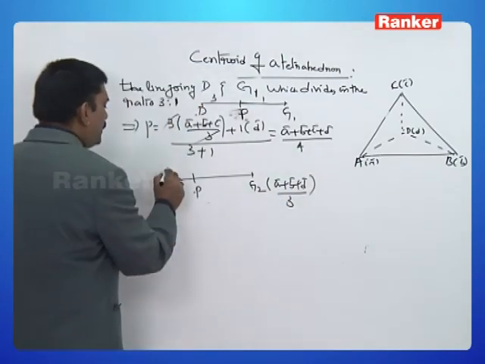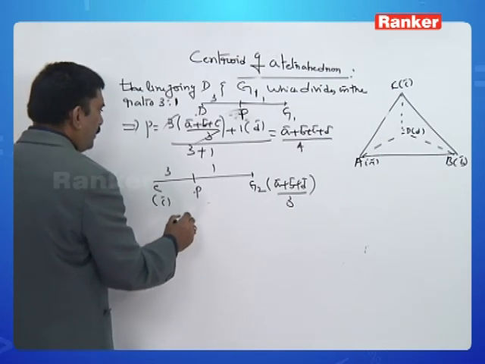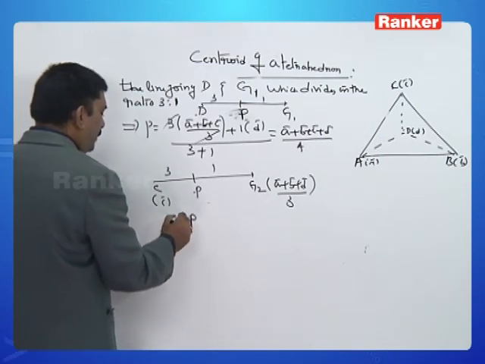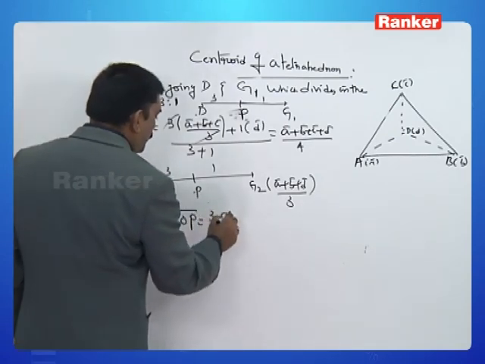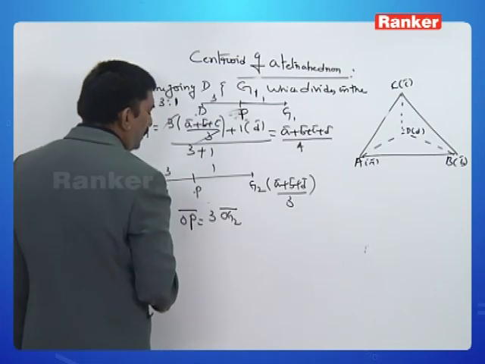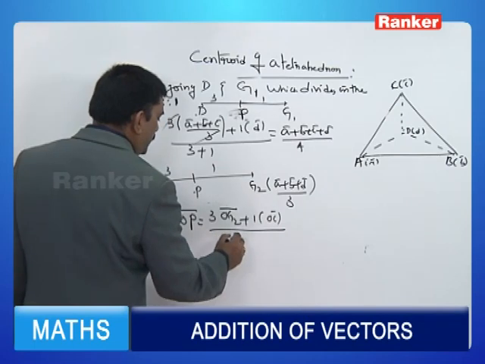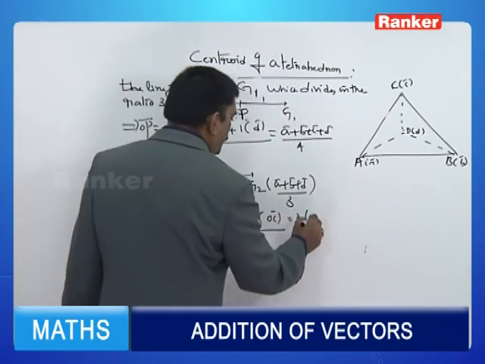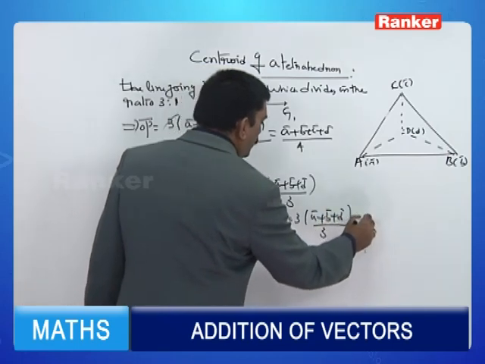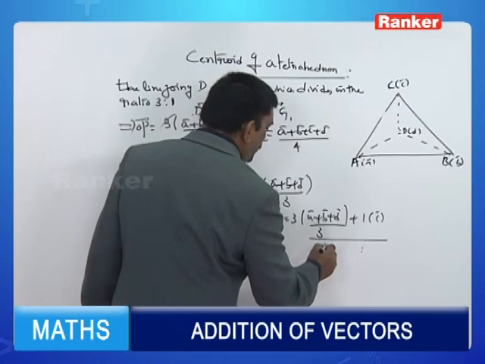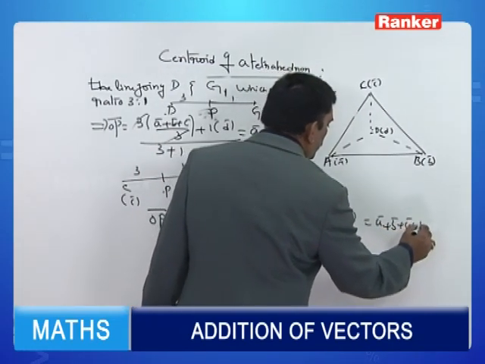This divides in the ratio 3:1. So OP bar is equal to 3 into OG2 bar plus 1 into OC bar, divided by 3 plus 1, that is 3 into (A bar plus B bar plus D bar) by 3 plus 1 into C bar, by 3 plus 1. I got it: (A bar plus B bar plus C bar plus D bar) by 4.